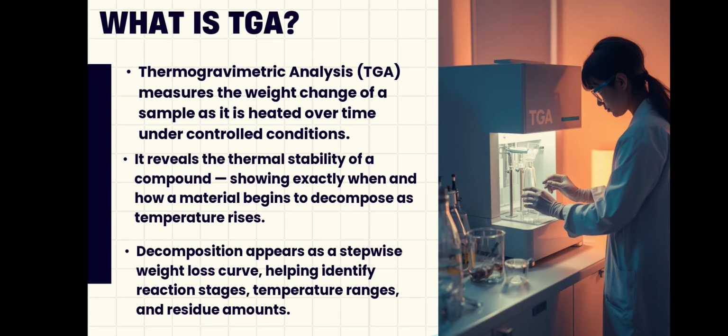This information is displayed as a stepwise weight loss curve. From this graph, we can determine the thermal stability of the compounds, identify different stages of decomposition, and calculate the amount of residue left after heating. This information forms the basis for studying the kinetics of thermal decomposition.